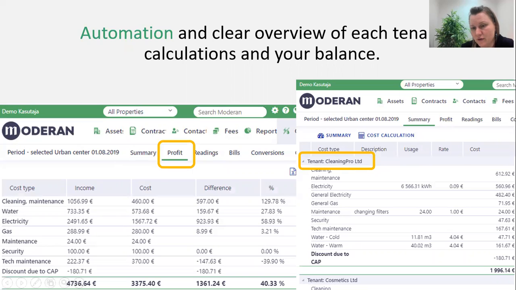This is the overview for one tenant: their total consumption of each cost type, in terms of units for individual costs and as a sum of the general costs. These different sorts of overviews give you the confidence that you have the overview of what's going on with the utilities in your portfolio.